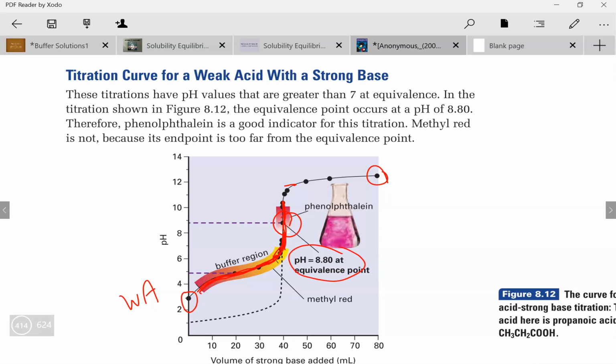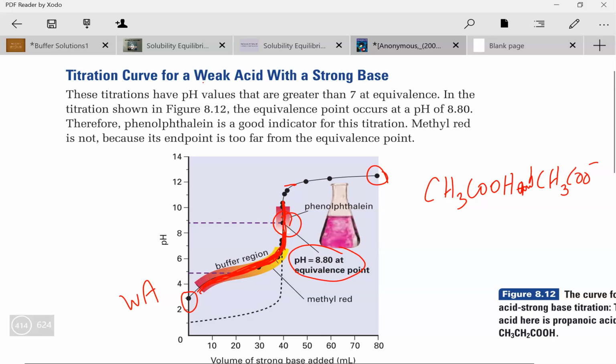What you have to know for a weak acid, strong base is that it has an acidic buffer region, just because when you're adding the strong base, you have a weak acid and an acetate ion both present in solution. This sets up the buffer system which can essentially buffer the pH here. It has an acidic buffer region, and it has an equivalence point that is basic.